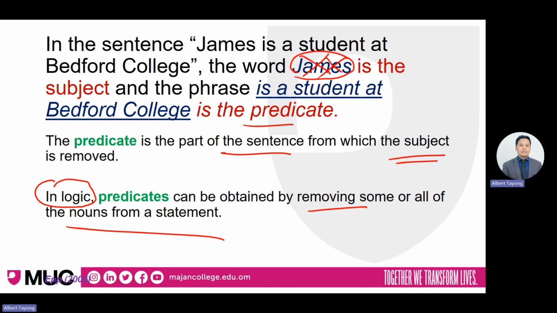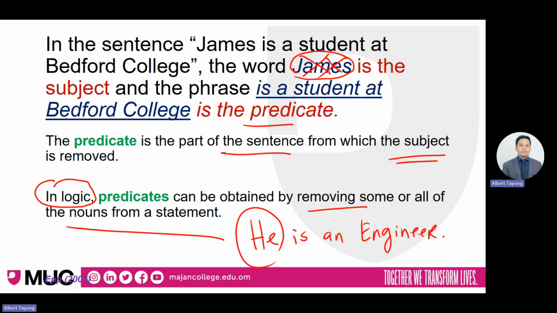So in logic, it's a bit different. In English grammar, a predicate is purely the part of the sentence with all the words except the subject. For example, he is an engineer.